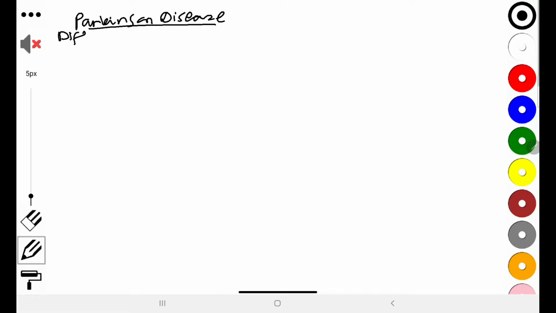So number one, you have difficulty in initiating movement. And then you also see a form of rigidity as well as resting tremors.